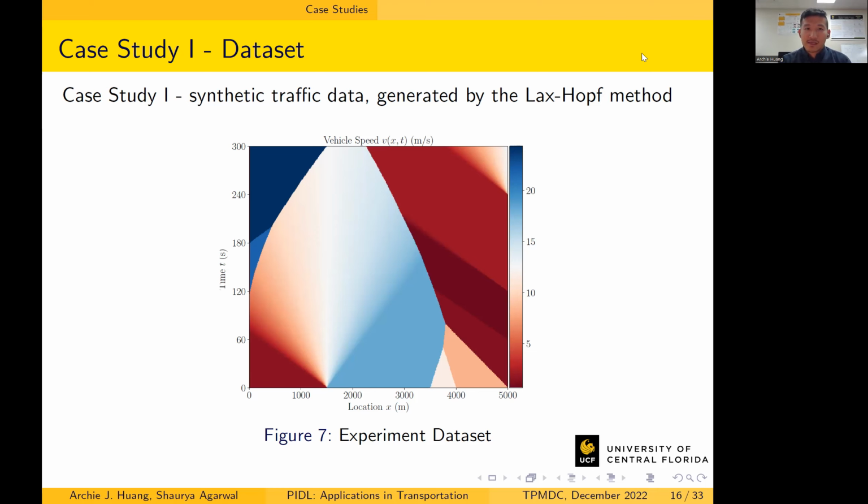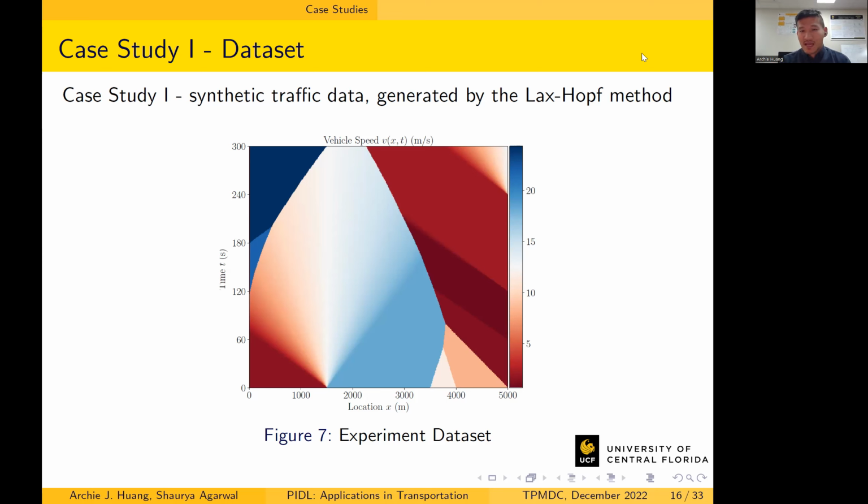In the first case study, this data set is generated by the Lax-Hopf method. And here I want to quickly shout out to Dr. Alexandre Bayen at the University of California, Berkeley, and his team for making this tool publicly available so we can generate this data set.